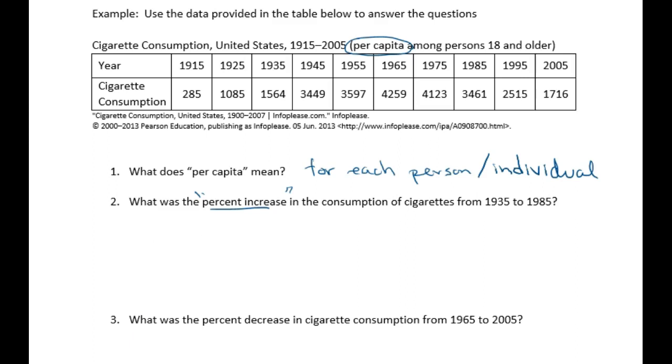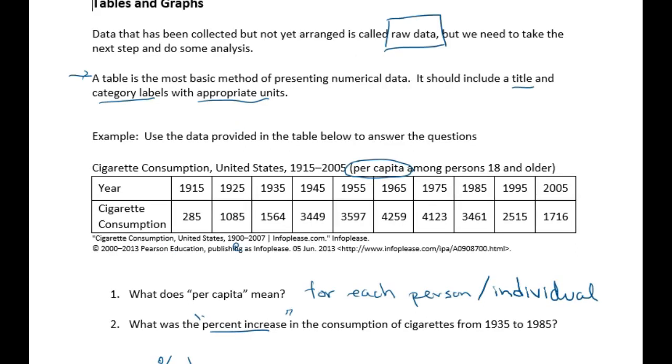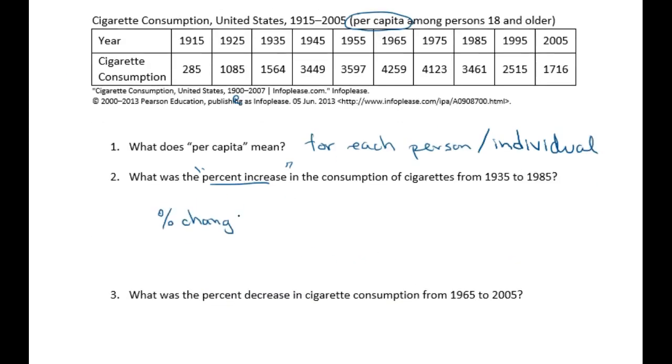So our formula is percent change is final minus initial, divided by what it used to be, or initially, multiplied by 100.